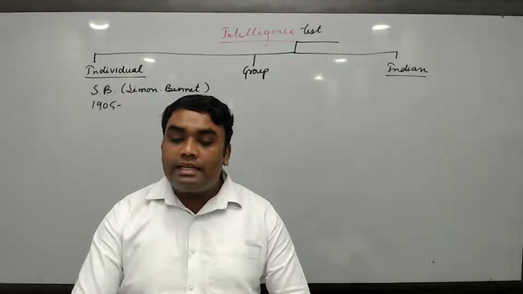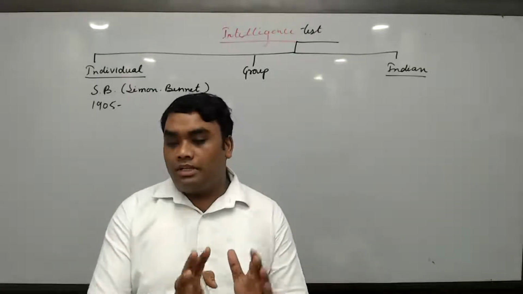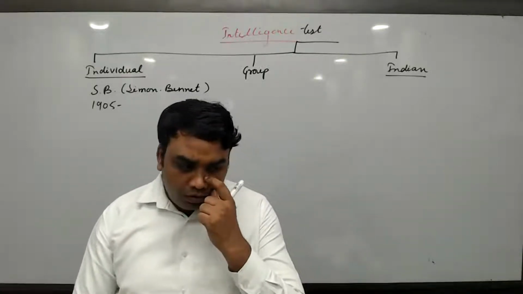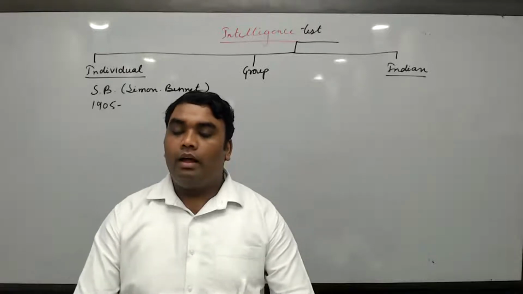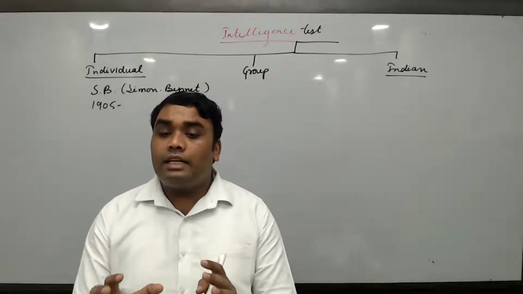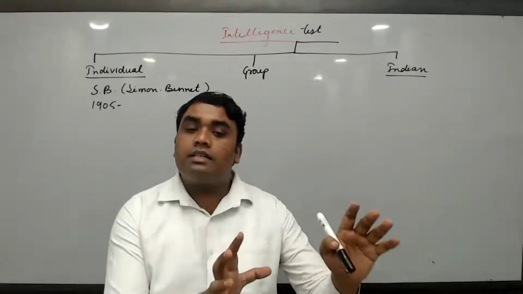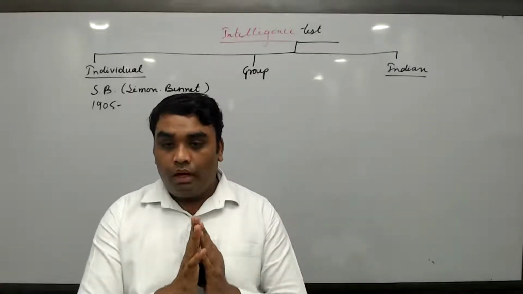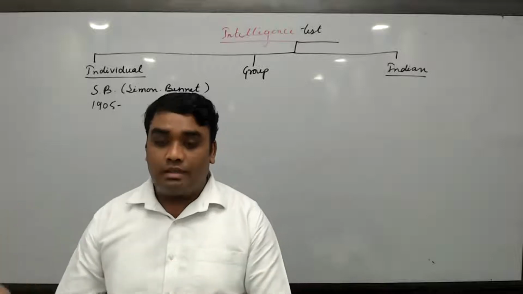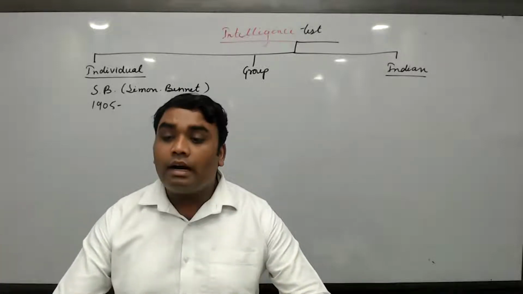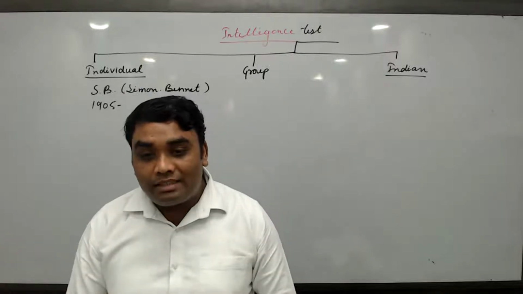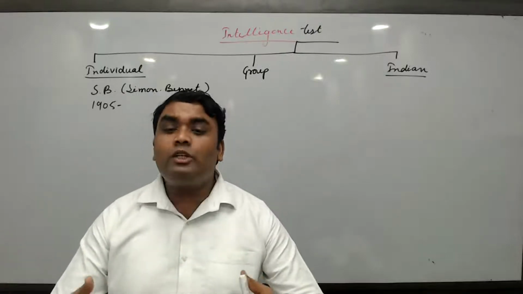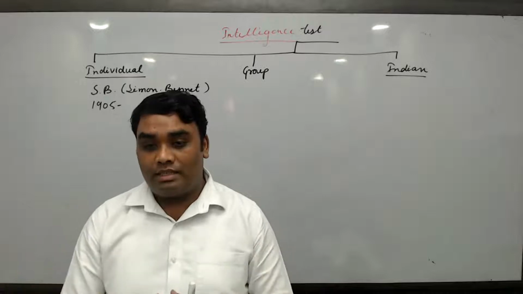So what was the reason behind the making of this test? Actually, you know well, in the 19th century, Ajay, listen properly, when industrialization came into Europe, most of the European countries were competing with each other. So how will a country compete? By the enhancement of their human resources.